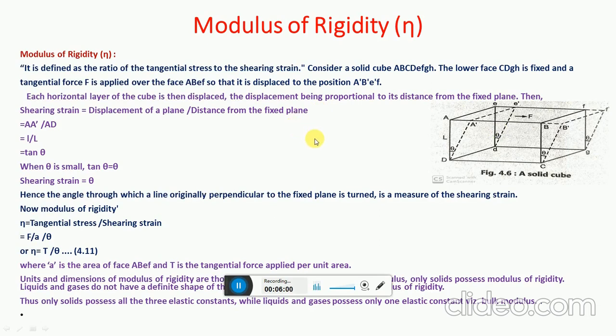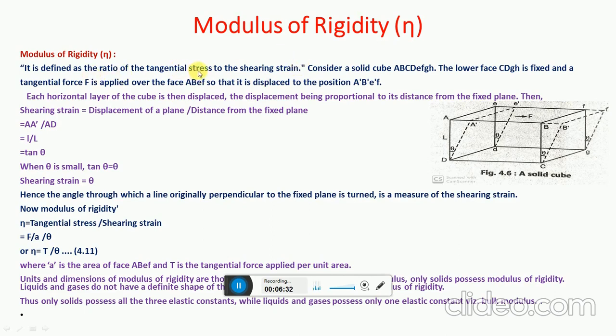That change in shape is known as shearing strain. The modulus of rigidity is defined as shearing stress divided by shearing strain. That is the ratio of shearing stress, which is also called tangential stress, because it is applied in such a way that it is tangent to that cube, and therefore it is called tangential stress.